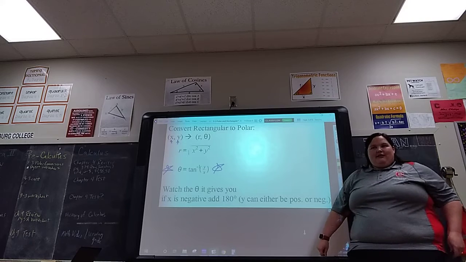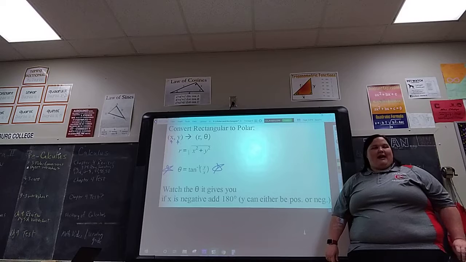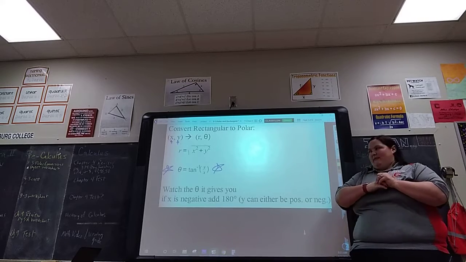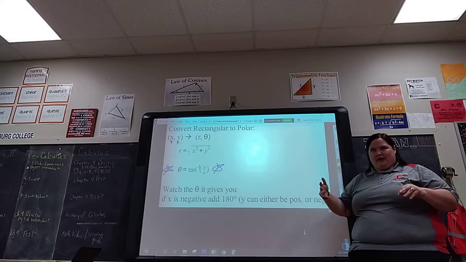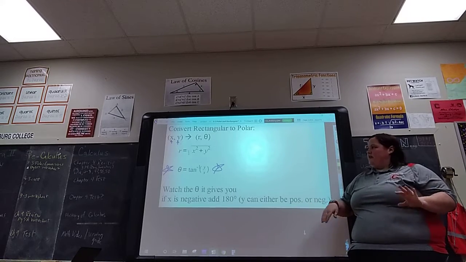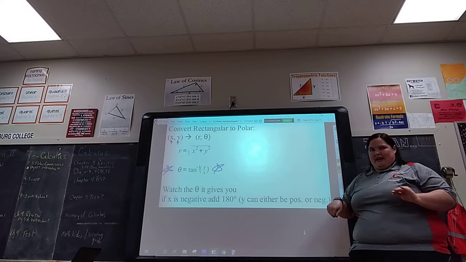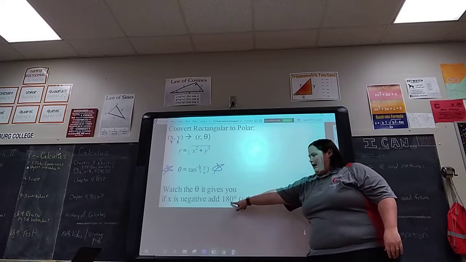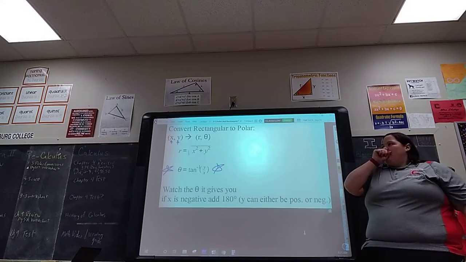If x is negative at all, the angle it gives you is actually off by half a rotation. And we're going to keep these in degrees to make it easier for you, so you don't have to worry about converting into radians. So whenever you're converting into theta, make sure you're in degree mode. Since it's off by half a rotation, if x is negative, you're going to add 180 to whatever you get, and that'll give you the proper angle.